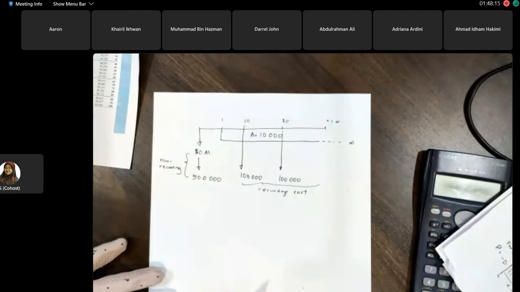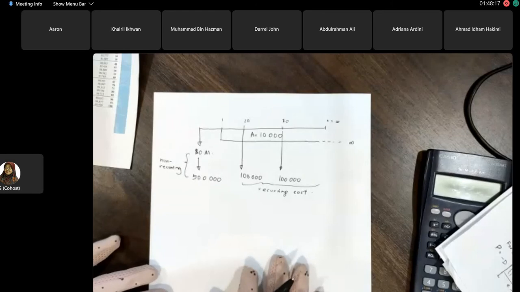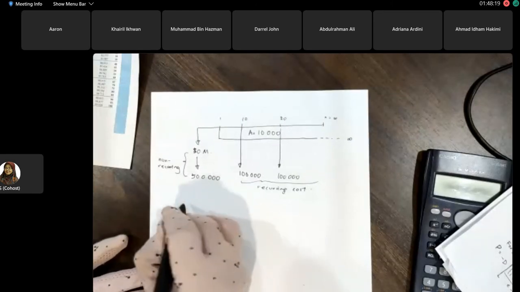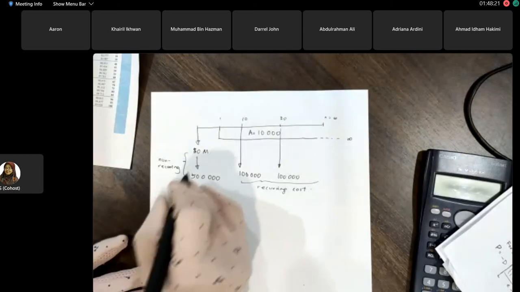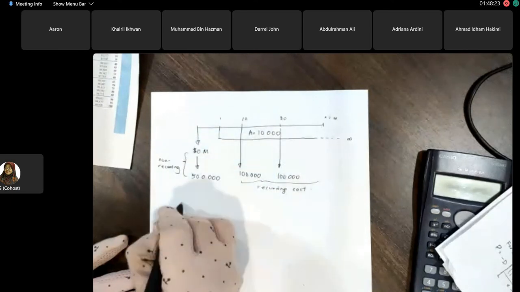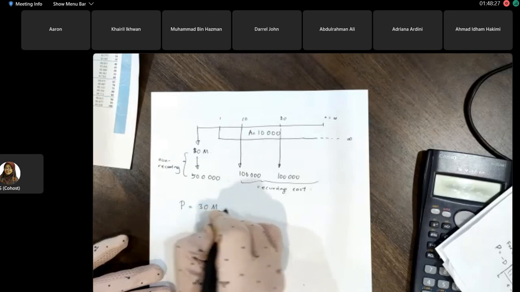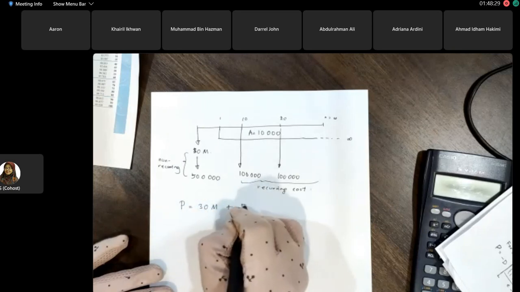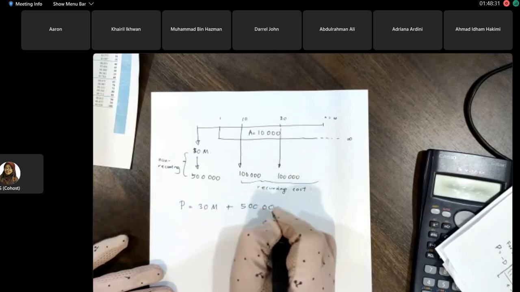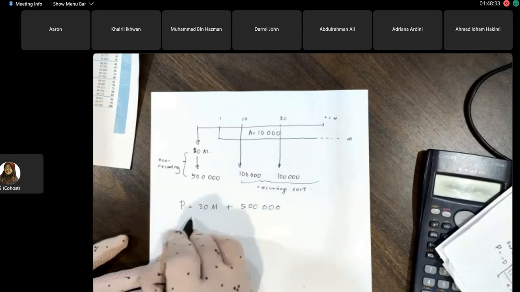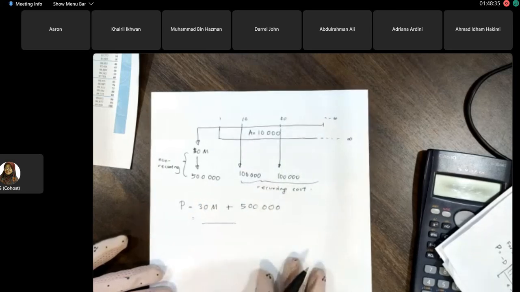So how do we settle this? This one you have P equal to 30 million plus 500,000. This is settled, we get its value.